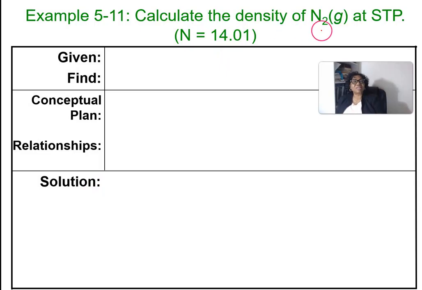So we want to calculate the density of nitrogen at standard temperature and pressure. This is the molar mass of 1 nitrogen atom multiplied by 2 for the nitrogen molecule, so this will give 28.02 grams per mole. So we want the density.